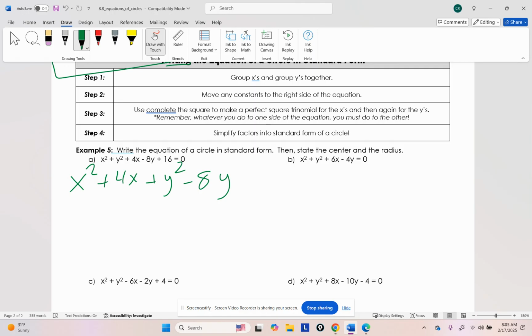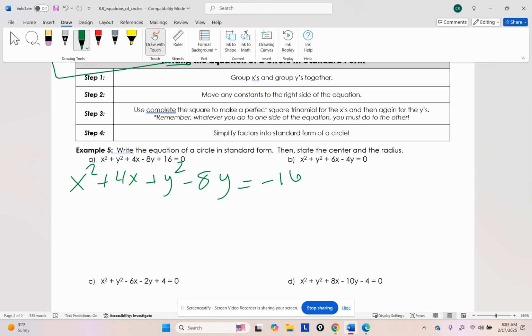And we're going to go ahead and move this negative 16 to the other side, so it's not going to equal 0 anymore. It's going to equal negative 16. That sets us up to prepare ourselves to complete the square.